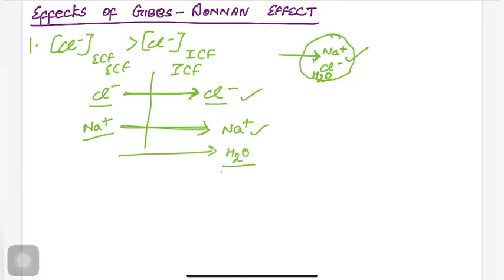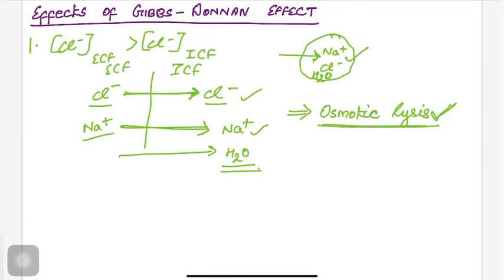As water accumulates in the cell, at last it will cause lysis or rupture of the cell, which is called osmotic lysis. So one of the important effects of the Gibbs Donnan effect is that it causes osmotic lysis. You understood, right? The movement of chloride causes movement of sodium, which are osmotically active, so they drag in water and cause osmotic lysis.